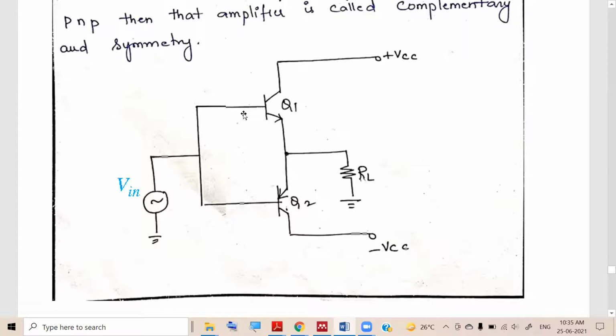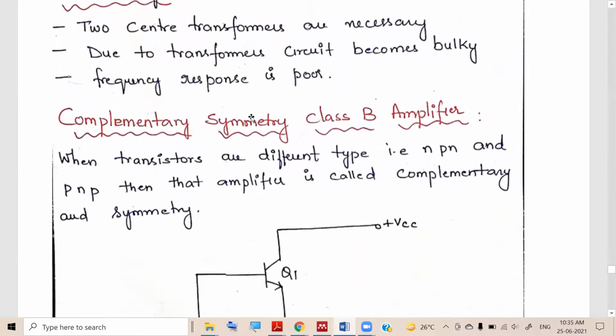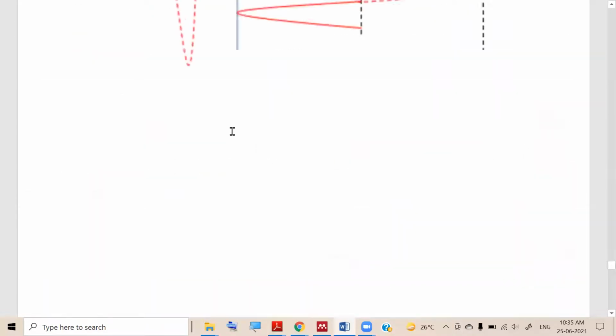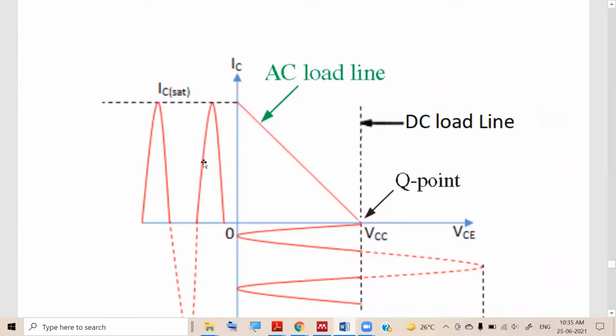So when the base current is a positive half cycle, IC is equal to beta IB. So IC will have a positive half cycle but amplified. IC is increasing means we are moving into the active region. Not only is the transistor conducting, but in the active region it will give amplification.